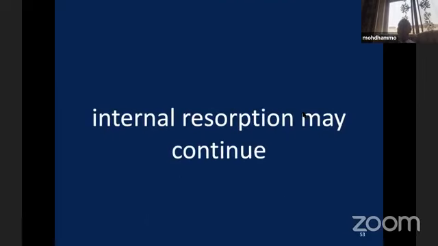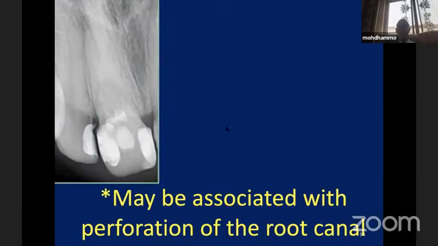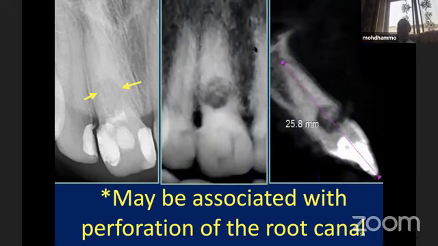If the internal resorption continues, what will happen? It might be associated with root perforation, like here. If you look here, we have this radiolucency inside the tooth, which means it might be internal root resorption. And this internal root resorption continued to cause perforation of the tooth.